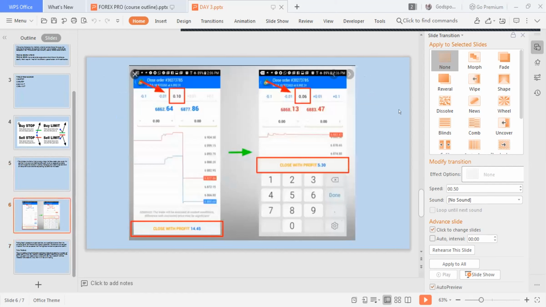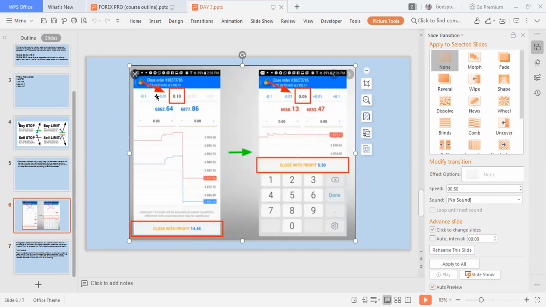Partial closing is like this. If you look at my first screen, it shows that I have a lot size of 0.1. 0.1 gives me $14.45. Let's say Mr. Kenneth feels that he should take part of his profits. What will he do?